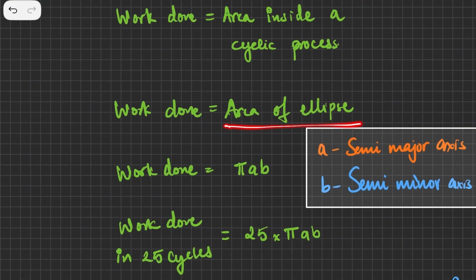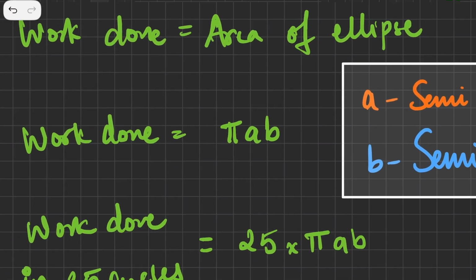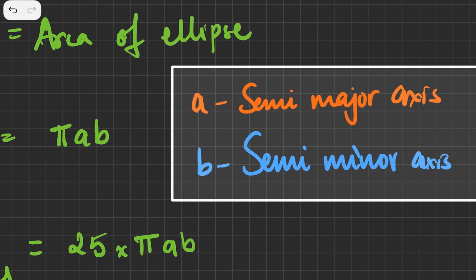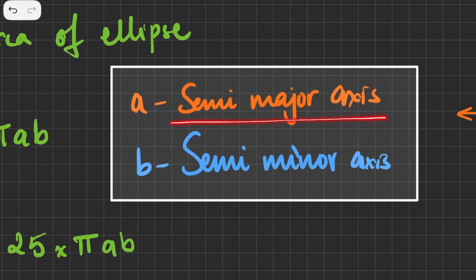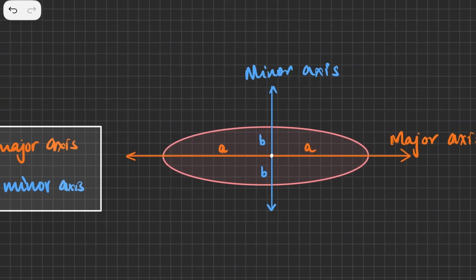Now the area of an ellipse is pi into a into b. This is actually a mathematical formula from conic sections. Now let's see what a and b are. A is called the semi-major axis, b is called the semi-minor axis. Let's say this is my ellipse.